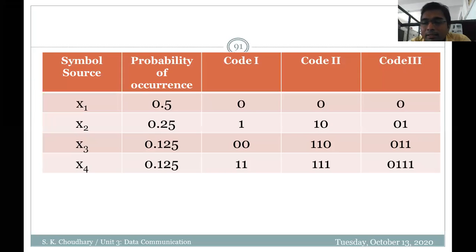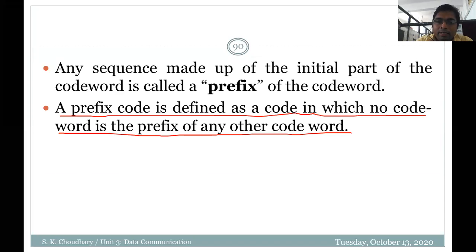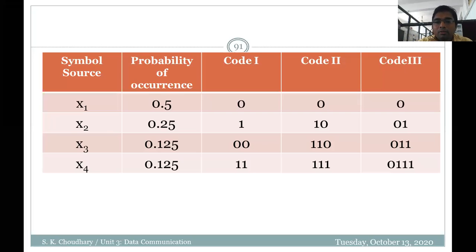So we will see this example to verify the statement that we have already given. You can see here these are the 4 symbols x1, x2, x3 and x4, and their probabilities.